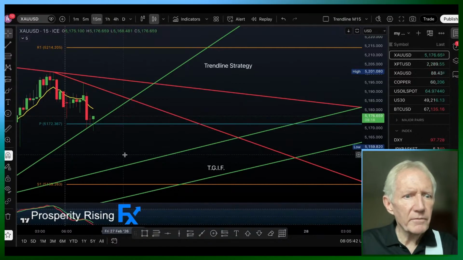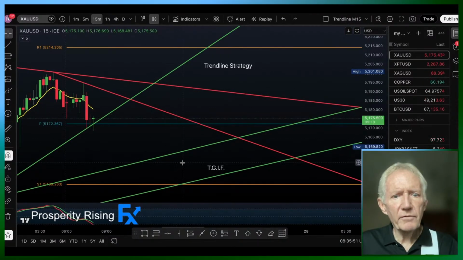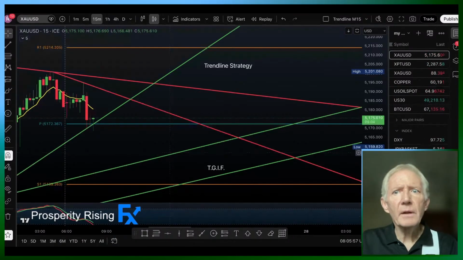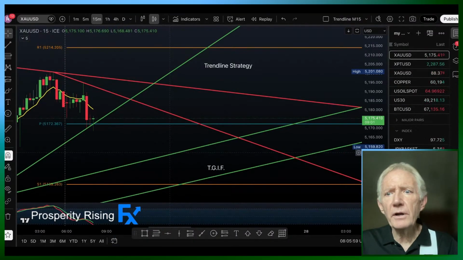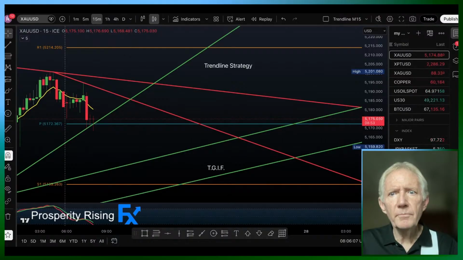This is the pivot point, 51.72, pivot point for the day, where it will move away from and go higher and move away from and go lower throughout the day. It's kind of like a magnet. Trading at 51.75 right now, waiting to see what this opening of Singapore and Shanghai is going to do.